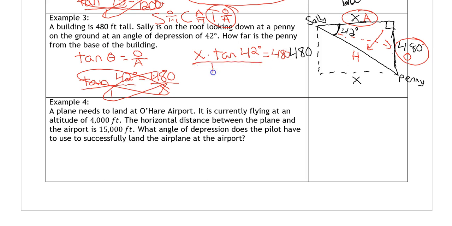I'm going to divide both sides by the tangent of 42 degrees. 480 divided by the tangent of 42 is 533 feet.